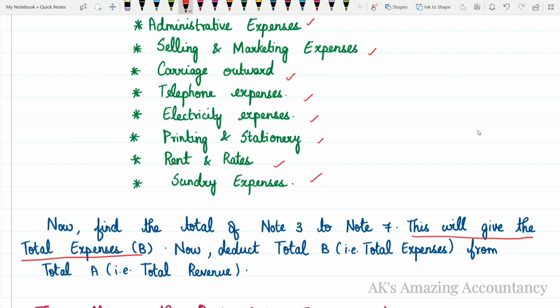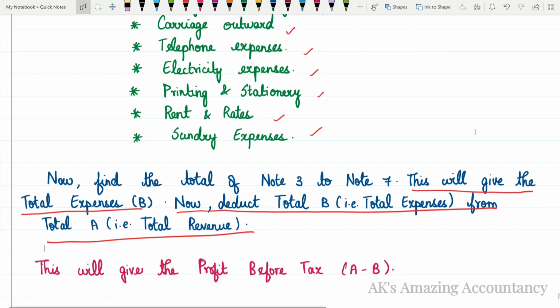Already we found out the total revenue, that is note 1 plus note 2, that was taken as A. Now find out the total of note 3 to note 7 and this will be taken as the total expenses B. Now deduct total B from total A. So what do you mean by this? Now deduct the total expenses from the total revenue and this will give the net profit, not net profit, I'm sorry. This will give the profit before tax. So total revenue minus total expenses will give you what? It will give you the profit before tax.